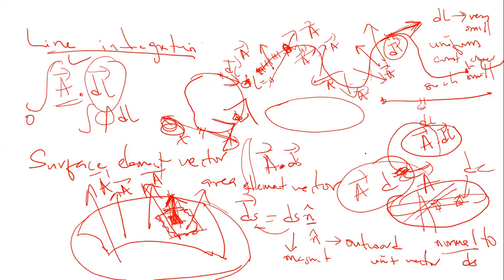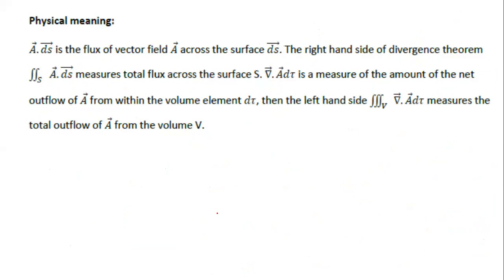Okay, so for this volume element, we cannot assign any vector. So d tau is always taken as a scalar. We cannot assign any direction here. But line element, we can assign a vector. We call it line element vector. And area element or surface element, also we can assign a vector. So that vector will have a direction normal to the surface it represents. That's what we need to know about the basics of this vector integration.